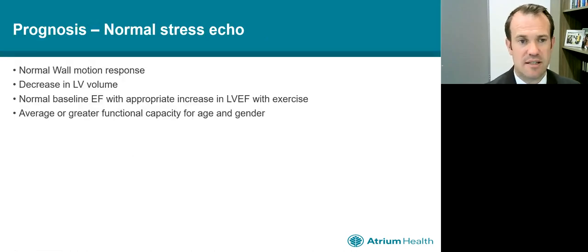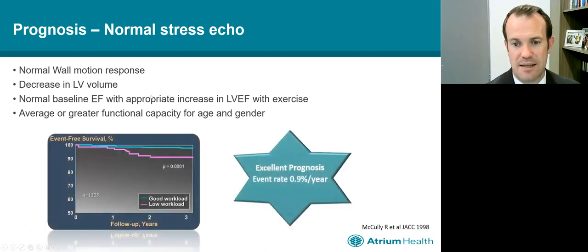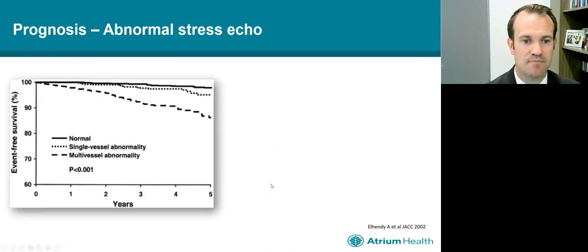A stress test is considered normal if there's normal wall motion, a decrease in volume, an improvement in LVEF, and an average or greater functional capacity. And if you achieve all of that, you can see that here a good workload, your prognosis is really excellent. Your event rate is probably about 0.9% per year, not far off the general population.